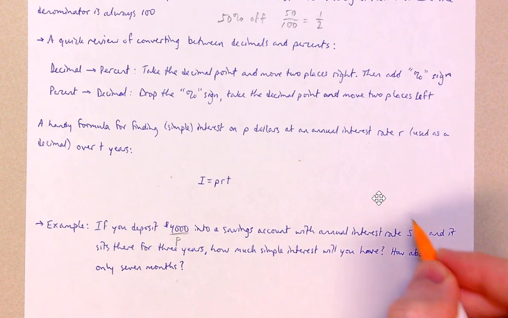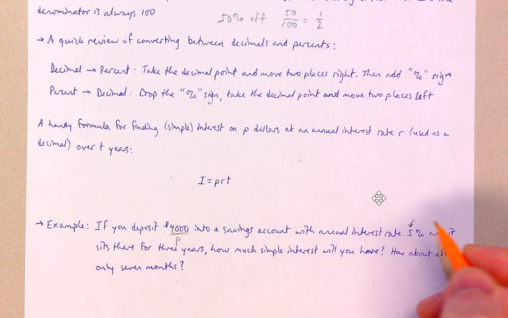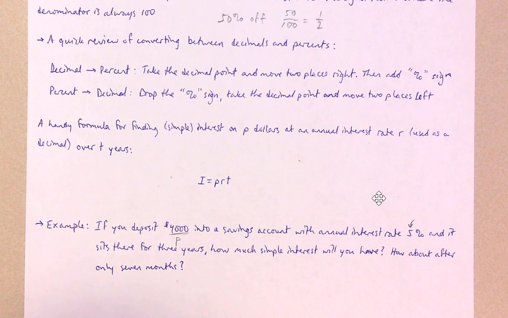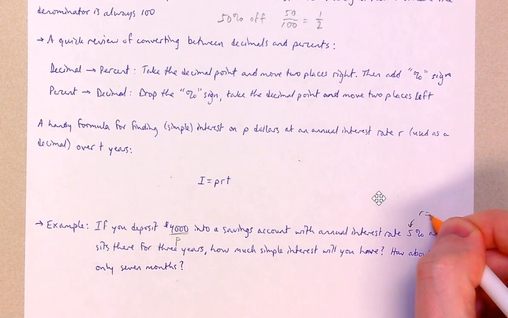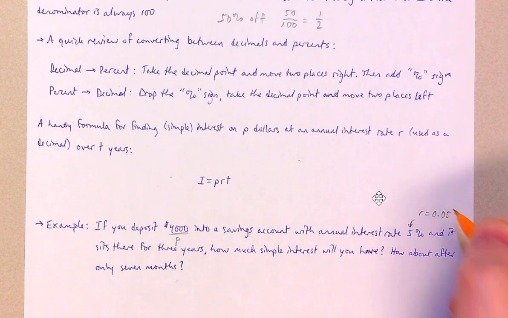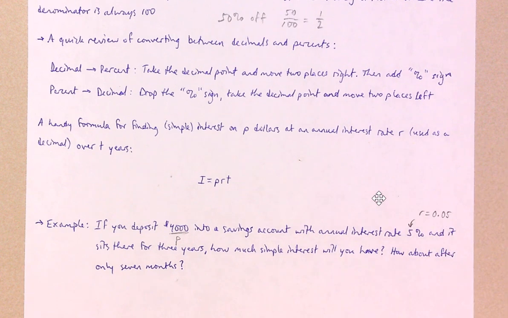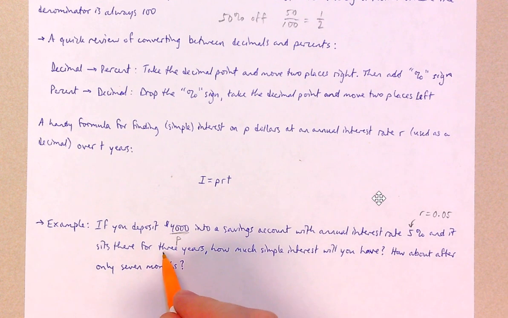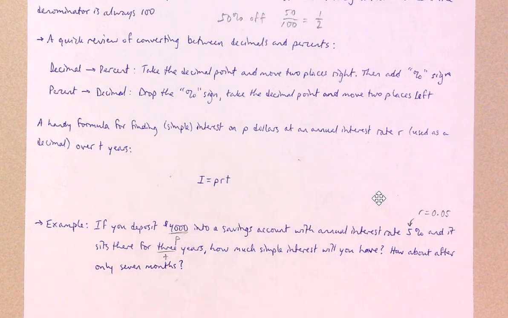That's used as a decimal. So 5% as a decimal, hopefully you see that that's going to be 0.05. And then the time, how long does the money sit in there in terms of years? Well, we're saying it sits in there for 3 years. So 3 is going to be my T value.